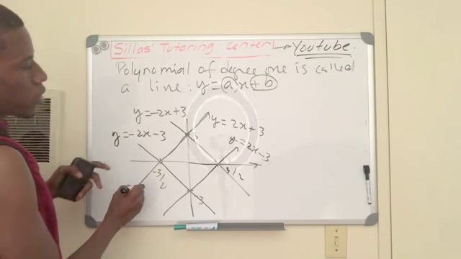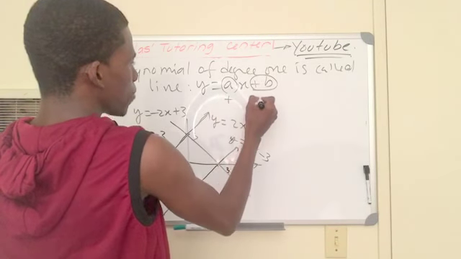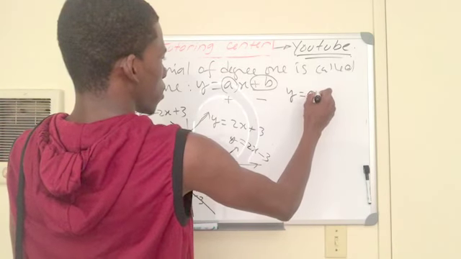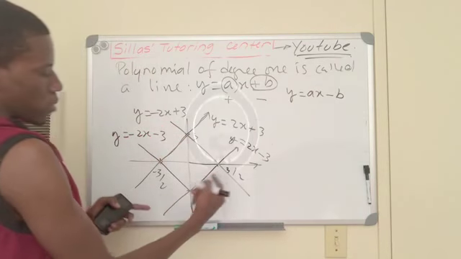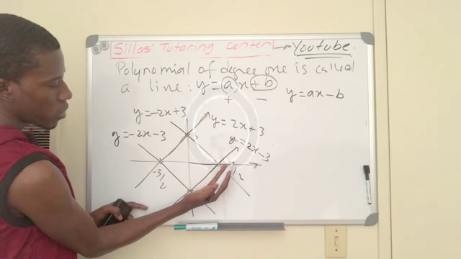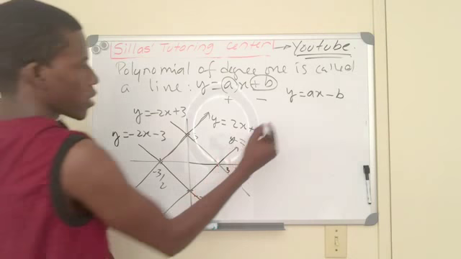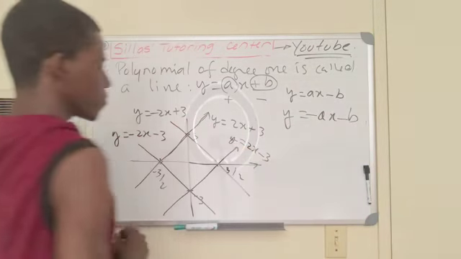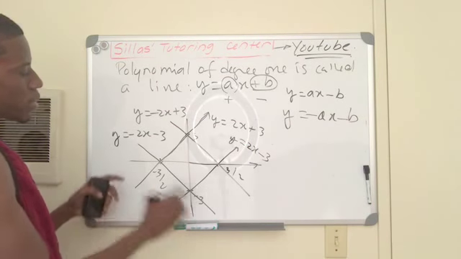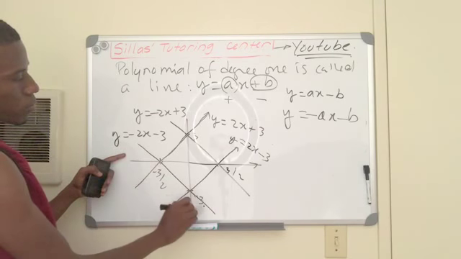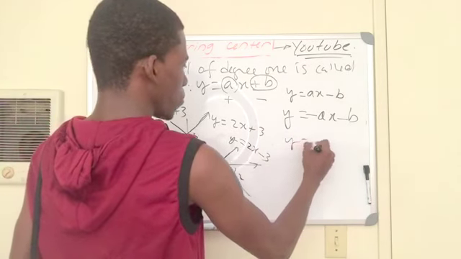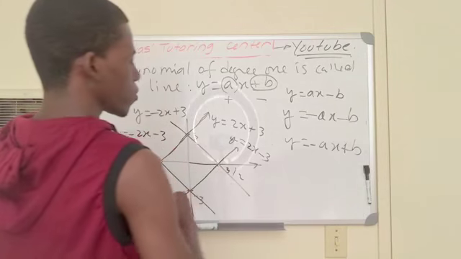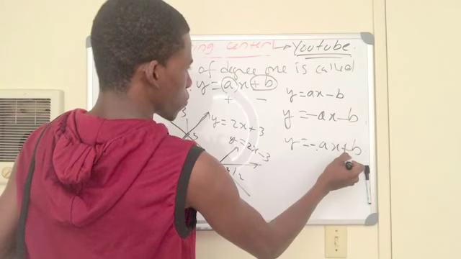If a is positive and b is negative, y equal to ax minus b, my graph is going to be in the fourth quadrant. If I have y equal to minus ax minus b, my line is going to be in the third quadrant. And if I have y equal to minus ax plus b, my line is in the first quadrant.